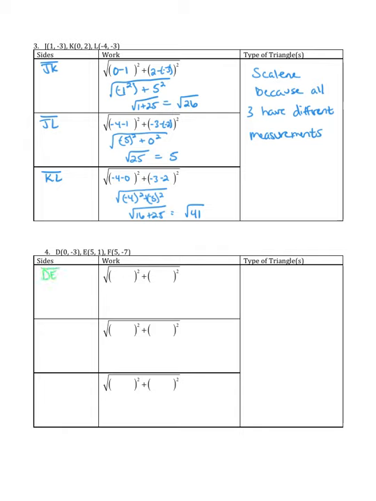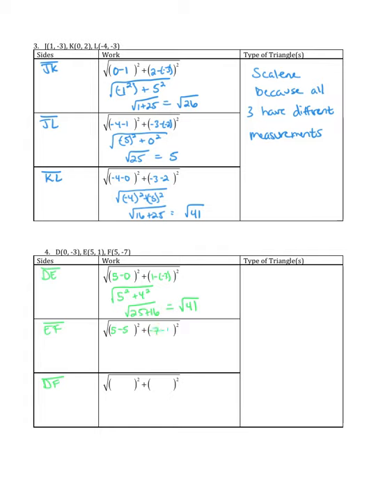DE, then I'm going to do EF, then I'm going to go DF. So DE, 5 minus 0 squared plus 1 minus negative 3 squared. 5 squared plus 4 squared. Square root of 25 plus 16. We're seeing this one a lot. Square root of 41. We'll leave it. EF. 5 minus 5 squared.